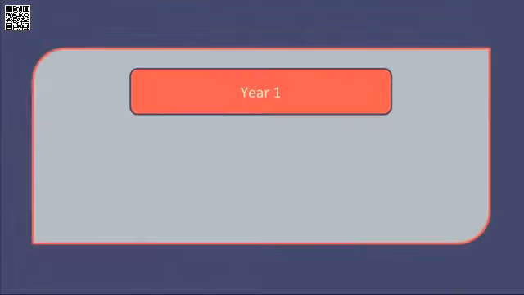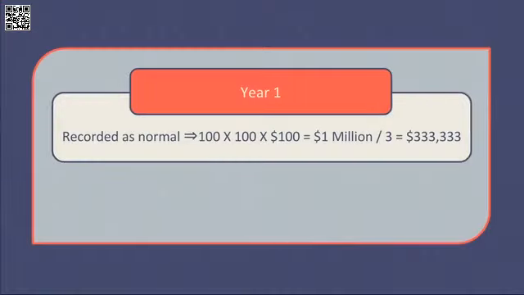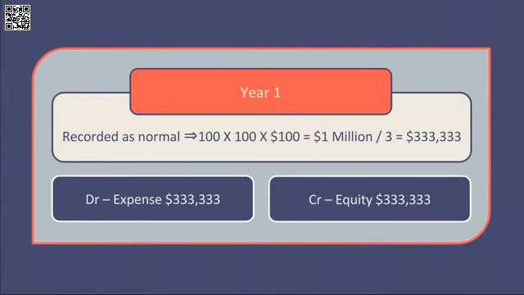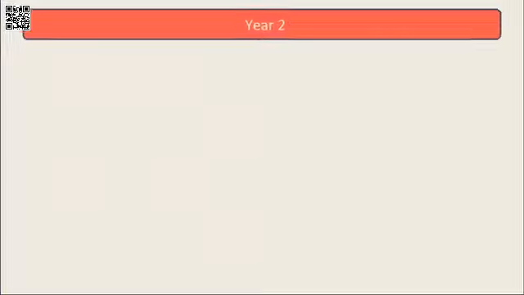So in year 1, it is recorded as normal. 100 by 100 by $100 equals $1 million divided by 3 equals 333,333. Debit expenses 333,333. Credit equity 333,333. Year 2 is when the scheme is cancelled.